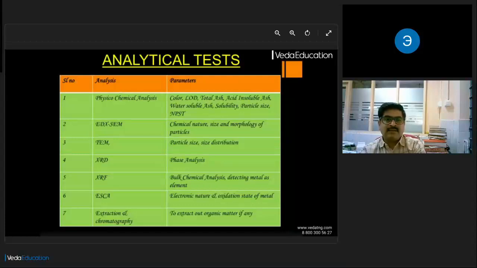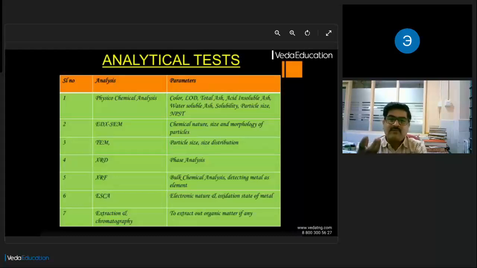Okay? Then there are some other analytical instrumental tests known as scanning electron microscopy, etc. That indicates how many nanoparticles are present in the product. Then XRD, that means X-ray diffraction, which shows the chemical structure of the product.